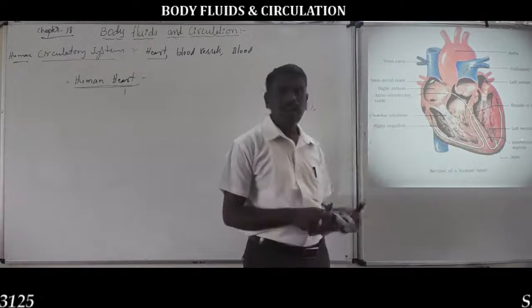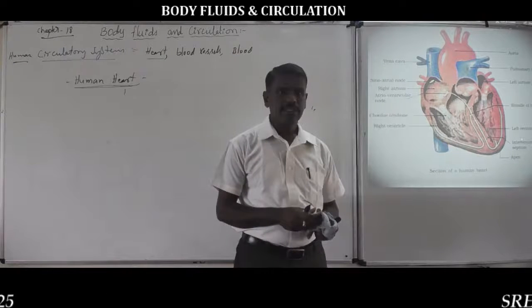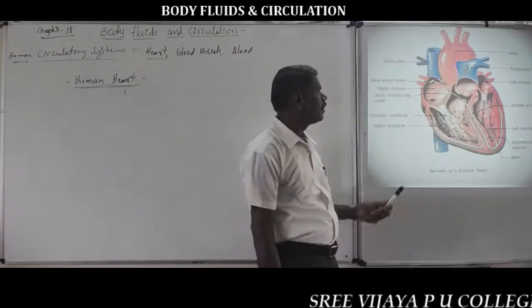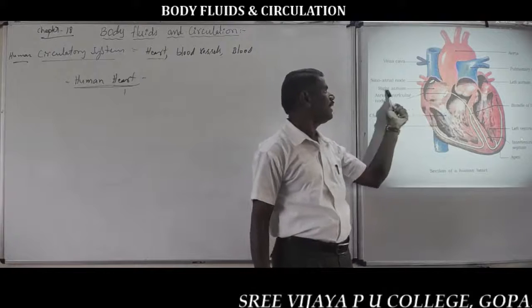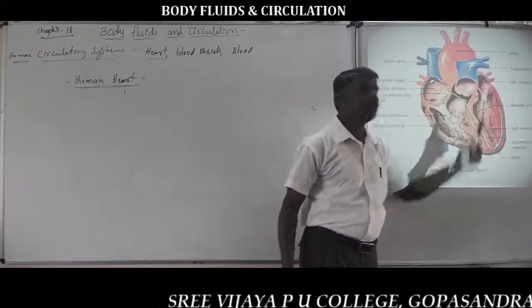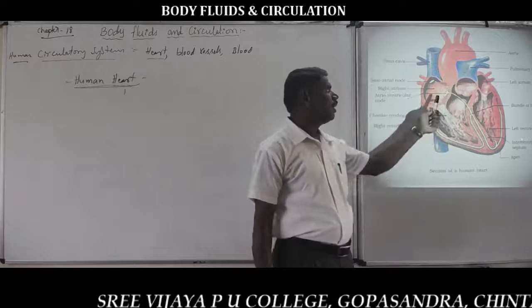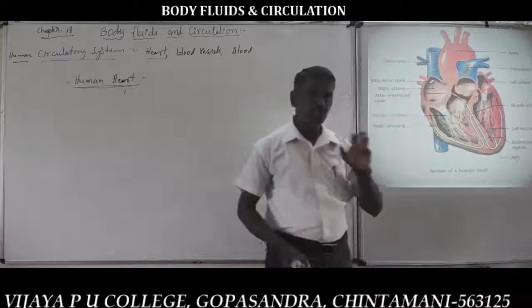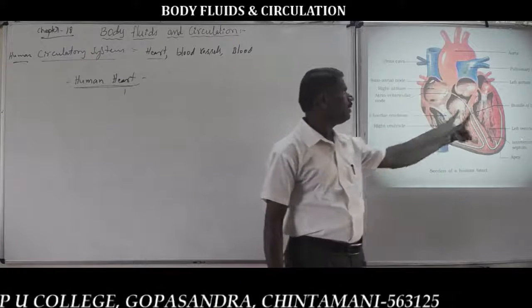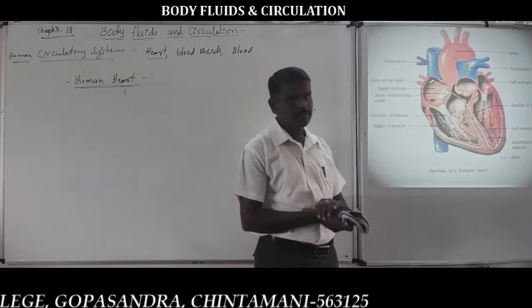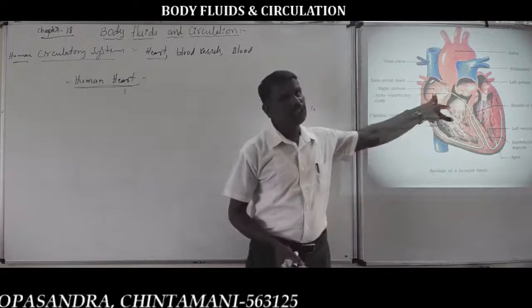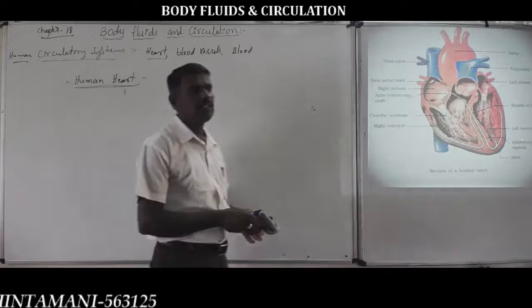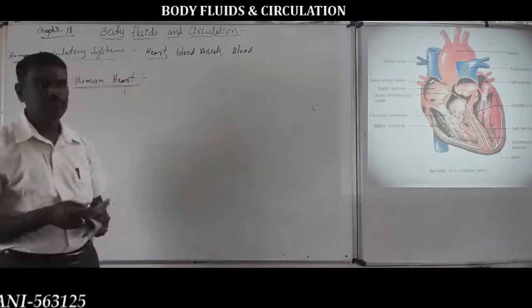In the four-chambered heart, the upper two are atria. It is the right atrium and the left atrium. Of these four chambers, the upper two chambers are smaller and the lower two chambers are a little bit larger. The upper two chambers are atria, and the lower two chambers are ventricles.